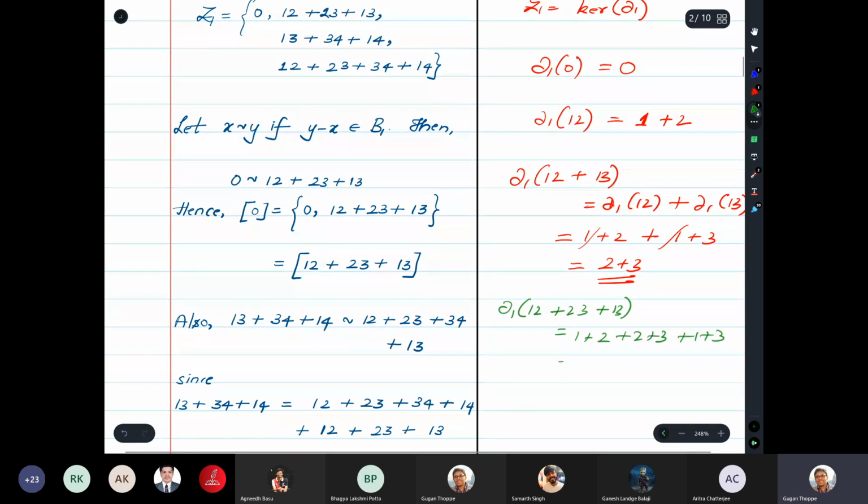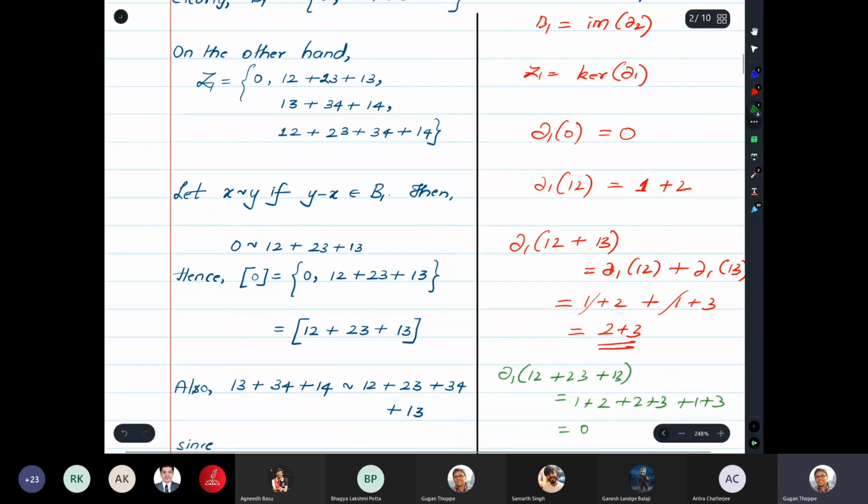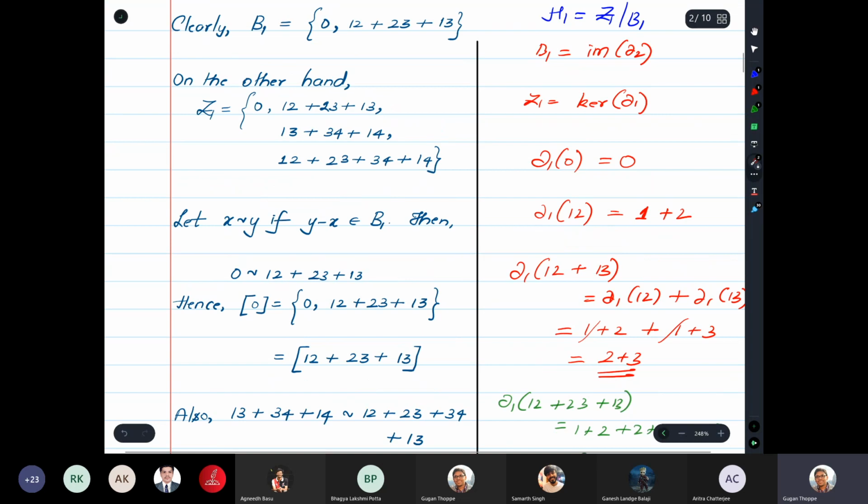You can see that everything cancels off and indeed we get 0. In the same way you can verify that the second one chain with support 3 will also be taken to 0. So these are the two one chains with support 3 which are taken to 0 under the DABA1 operator. Hence these two one chains have been included in Z1.